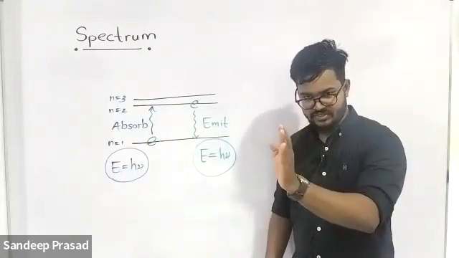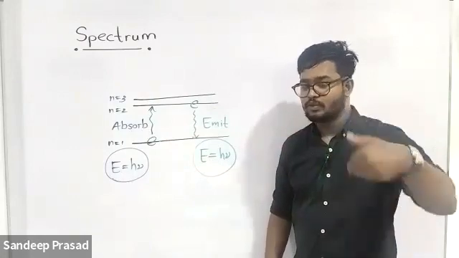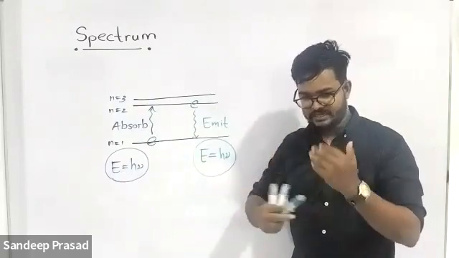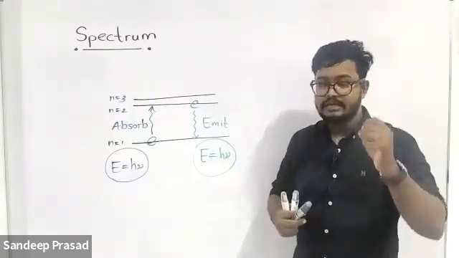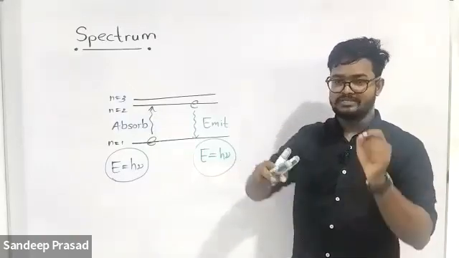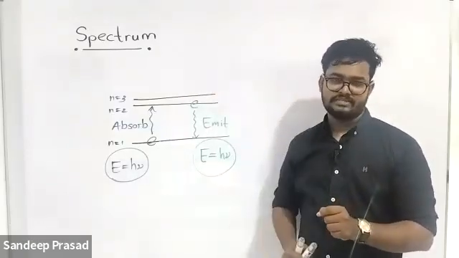All the energy radiations emitted or absorbed by these electrons, we can gather and collect and analyze. Using that analysis, we can decide that these electrons are moving from this energy level to this energy level.